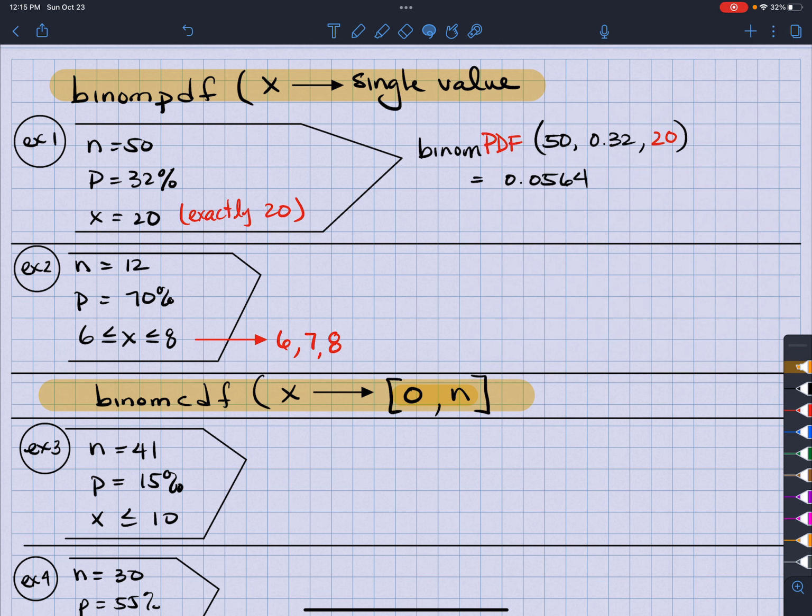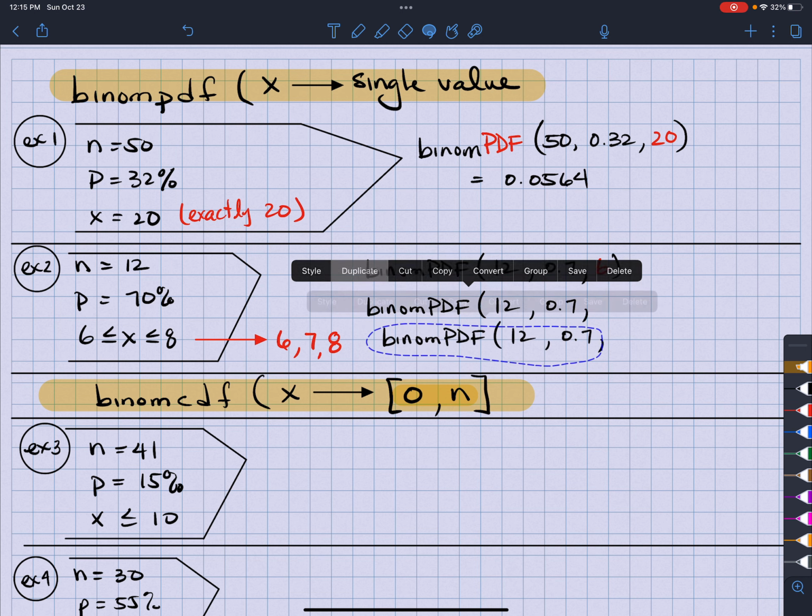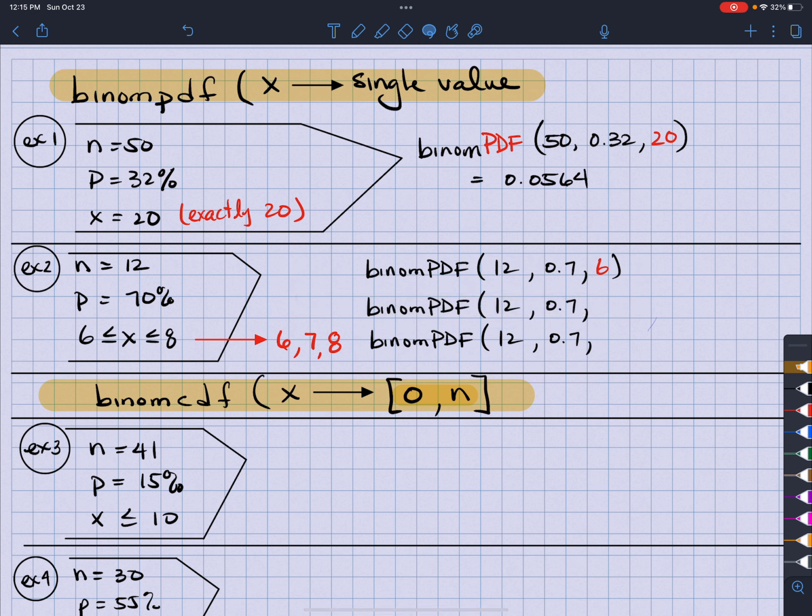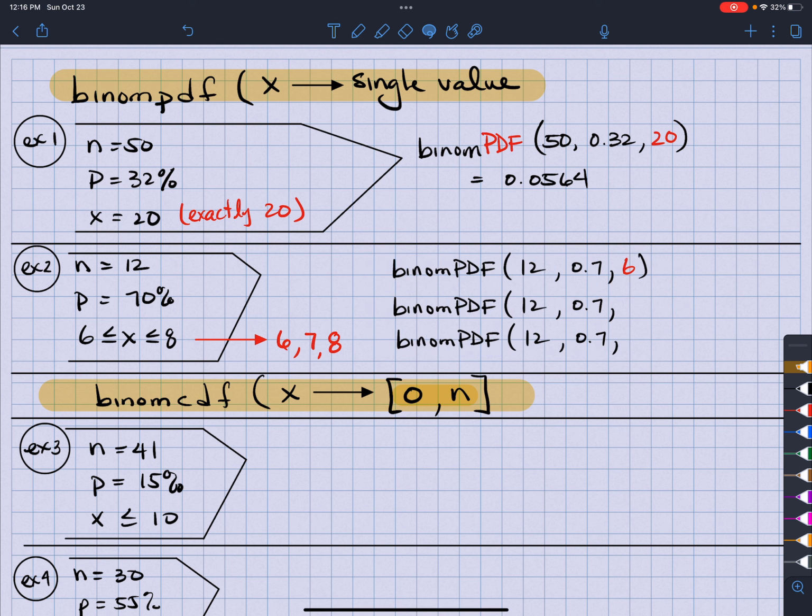So in this case, I want to do the binomial PDF of this, 12, comma 0.7, comma, for my 6. And then I want to do it again for my 7 and for my 8.